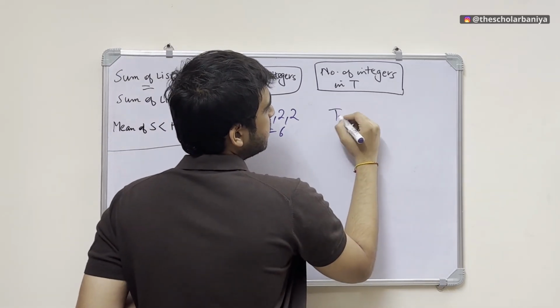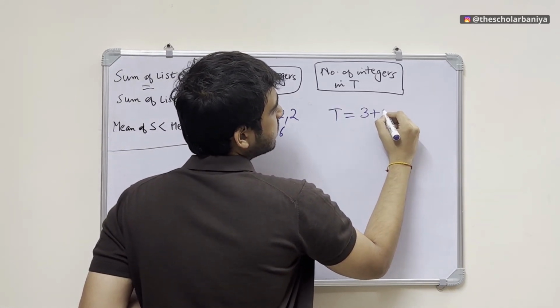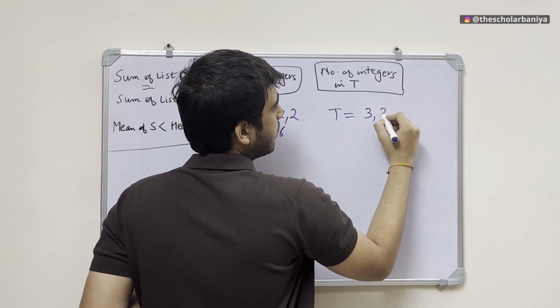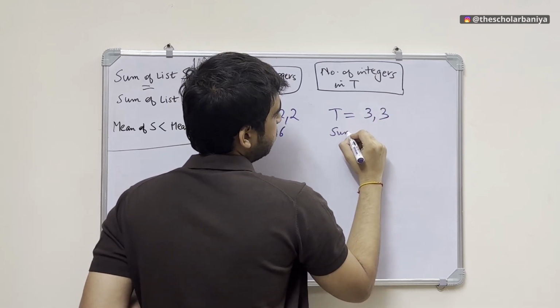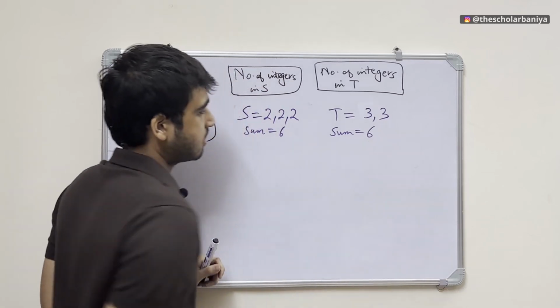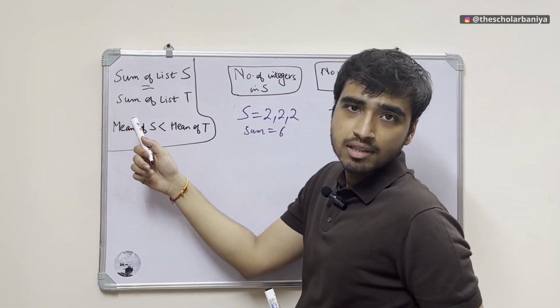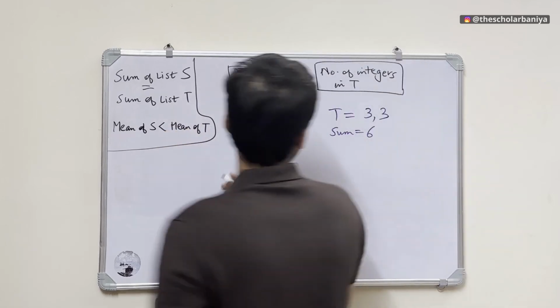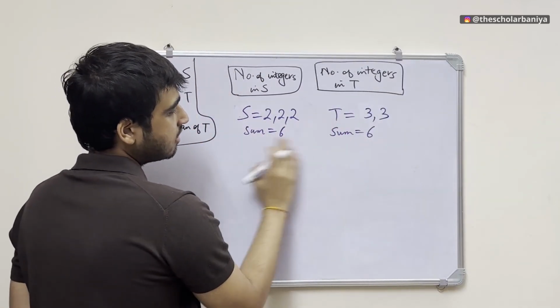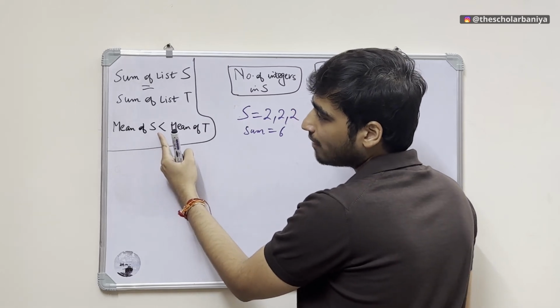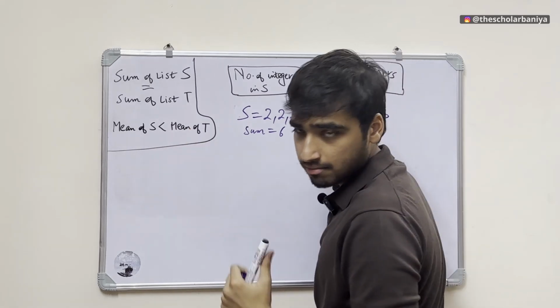And let's suppose T is 3, 3. So the sum over here becomes 6, right? We were given in the question that the sum is the same in list S and list T, so you can see the sum is the same. And we were given that the mean of S is less than the mean of T.